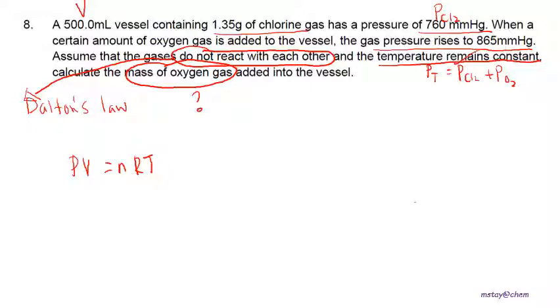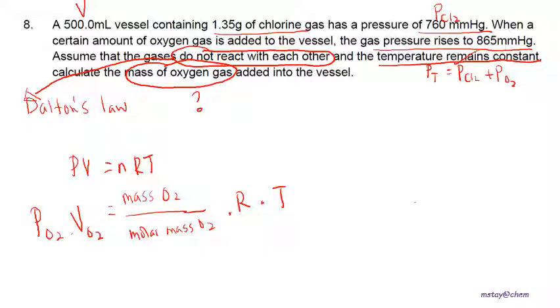Okay, so when we look at here, we need to find the mass of oxygen gas. Number of moles of oxygen gas we can expand to mass of oxygen over the molar mass of oxygen gas, and then multiply with R, temperature, pressure of the oxygen gas, and volume of the oxygen gas.